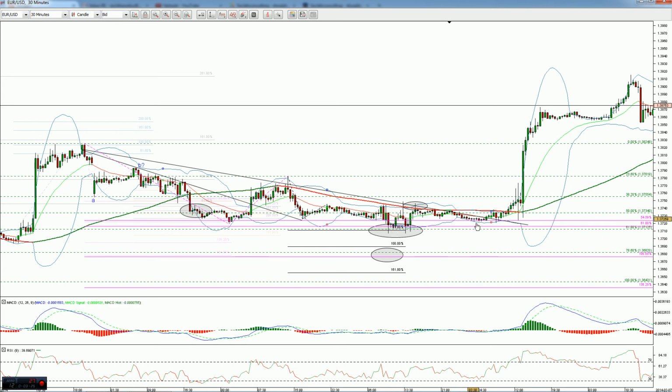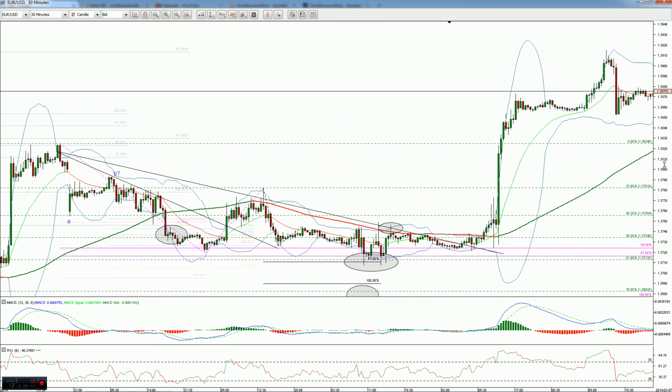And then the market broke on that candle through this resistance line. This is the resistance line, and the market broke through it at 7 a.m. CET. Okay, and this was a trade setup.